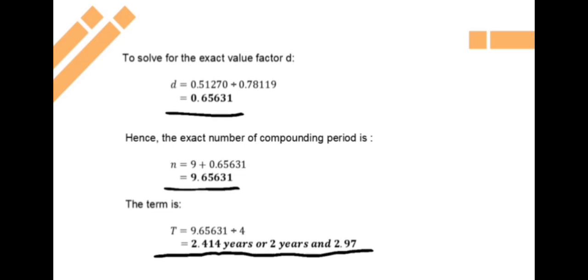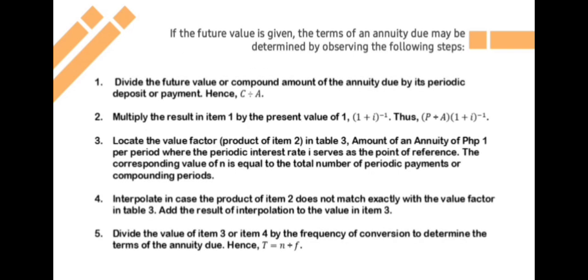Next case is, if the future value is given, the terms of an annuity due may be determined by observing the following steps. So, like sa present value, i-divide natin yung future value or yung compound amount of the annuity due by its periodic deposit or payment.